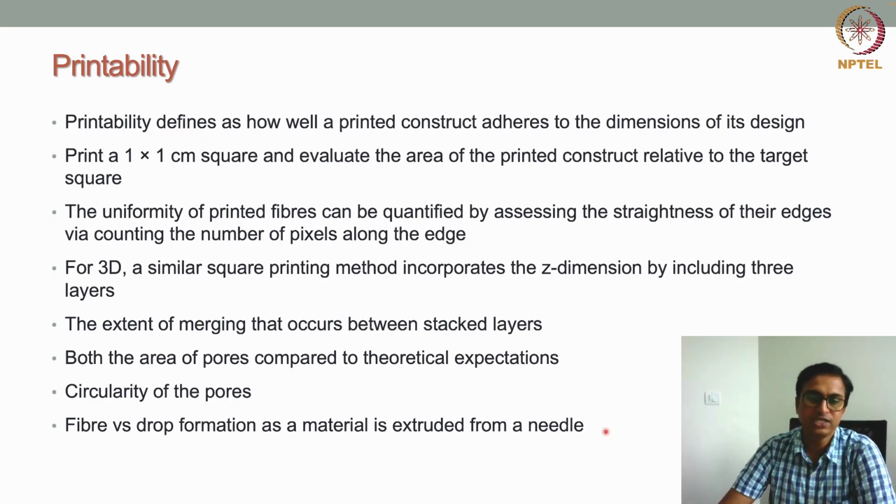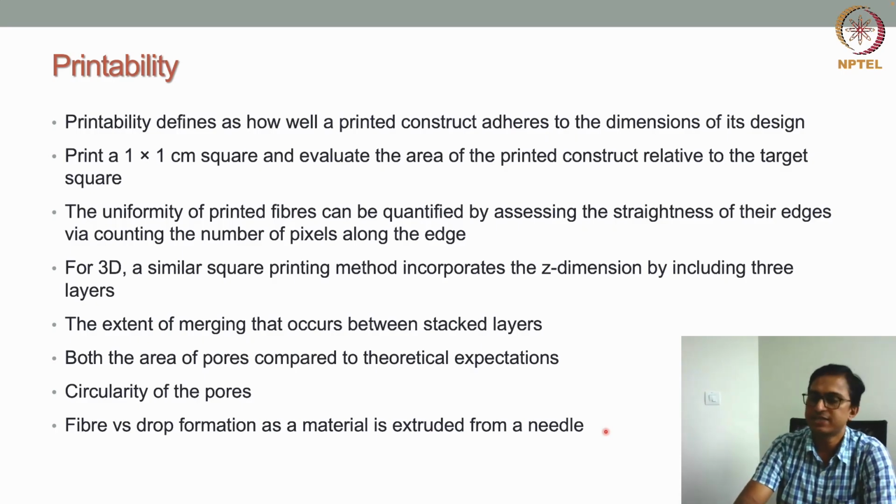When there is a drop formation, that means it is under extrusion. That means the pressure is not optimum for extruding the material through that nozzle. Now you need to increase the pressure.